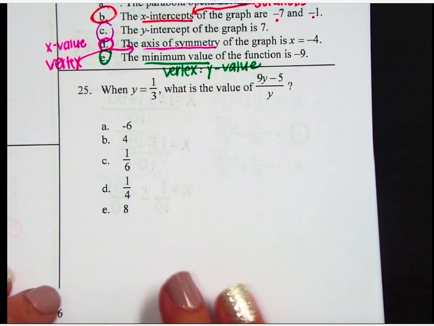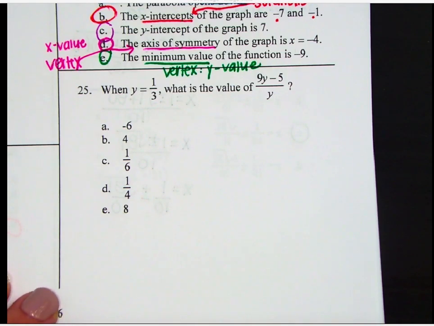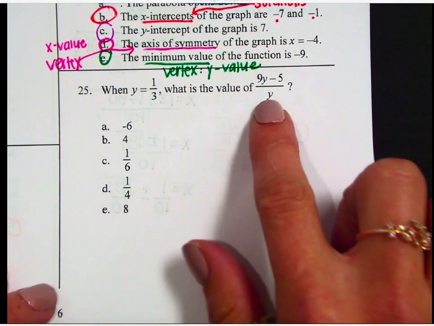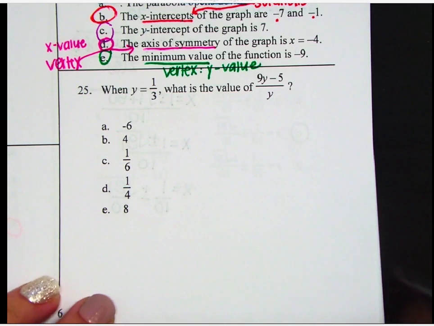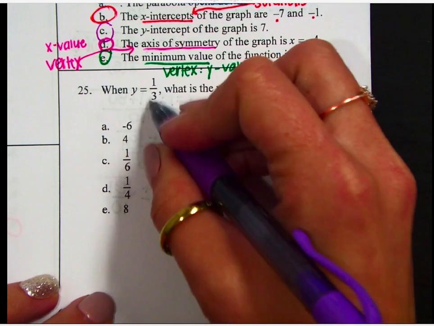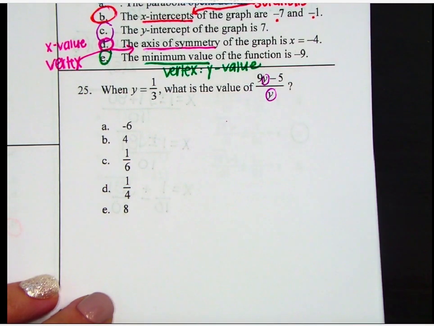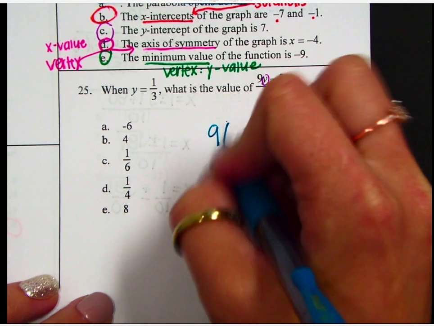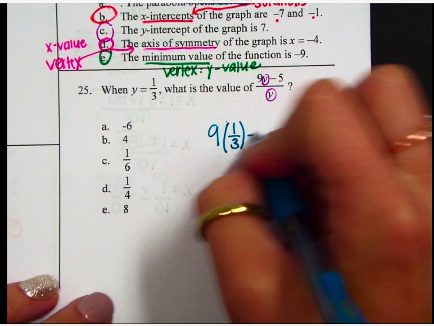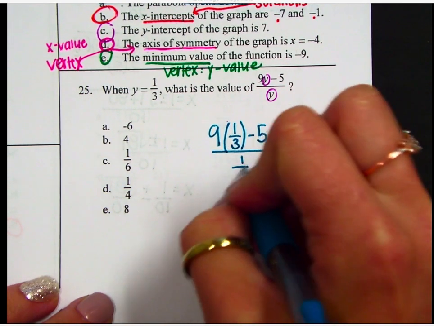Number 25, when y equals 1/3, what is the value of this fraction here? What we're going to do is plug in 1/3 for y here and here. So 9 times 1/3 minus 5 divided by 1/3.